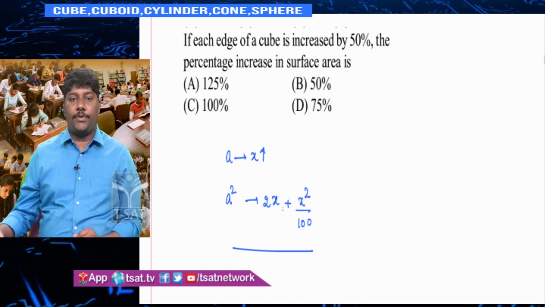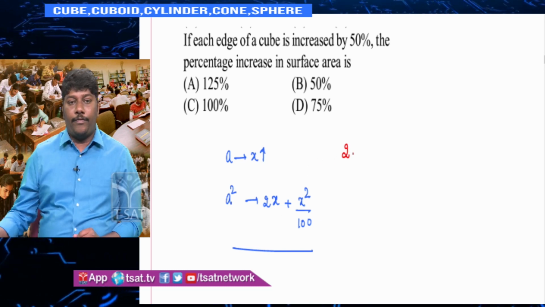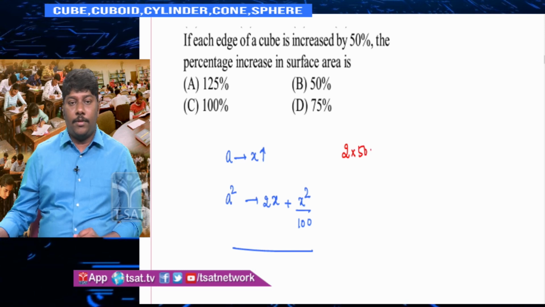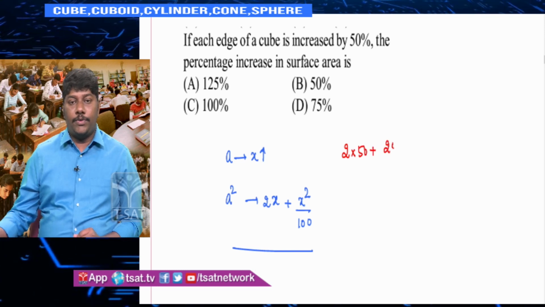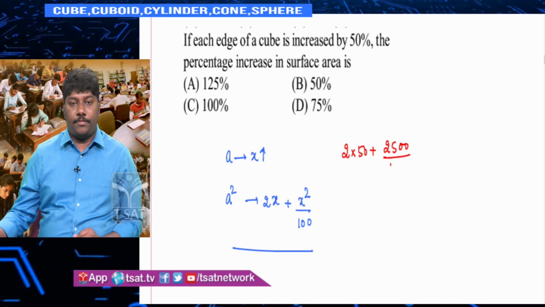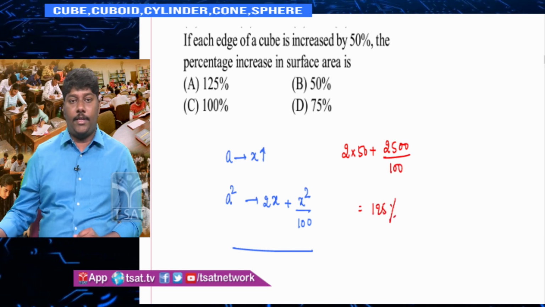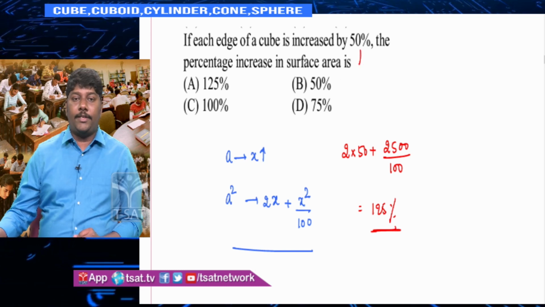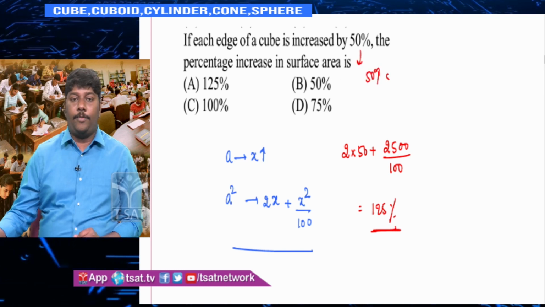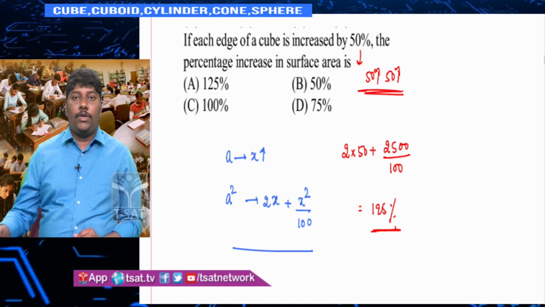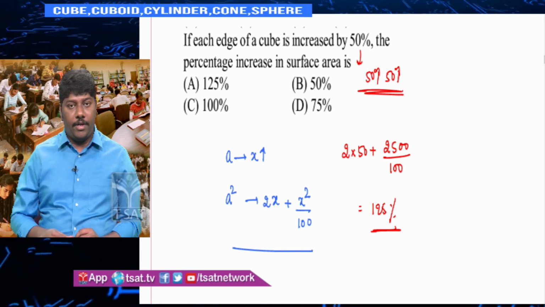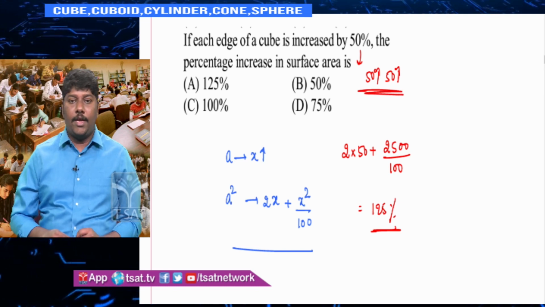Here he asked you increase, so it is plus 2 into 50 plus 50 square is 2500 by 100. So the answer is 125% increase in its area, or else by saying it 50% increase followed by 50% increase. Use x plus y plus xy by 100, it is the same as 2x plus x square by 100.